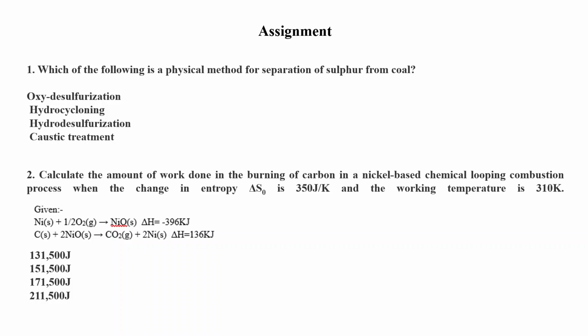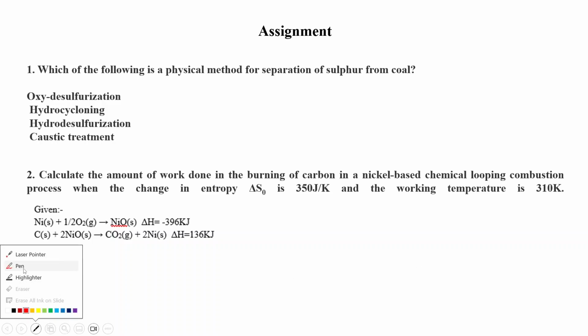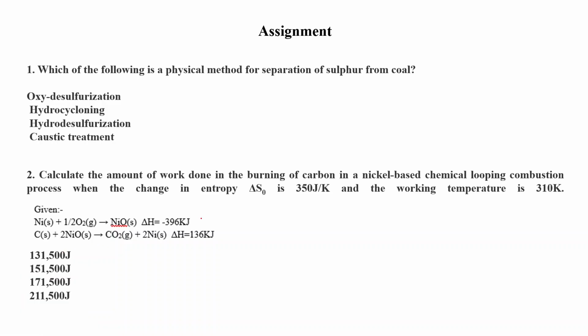Two reactions are taking place. This reaction is the oxidation of metal, the oxidation of nickel to nickel oxide, and it gives Q hot, 396 kilojoule. And this is the reduction of nickel oxide to nickel, which is an endothermic reaction giving us Q cold, that is 136 kilojoule.